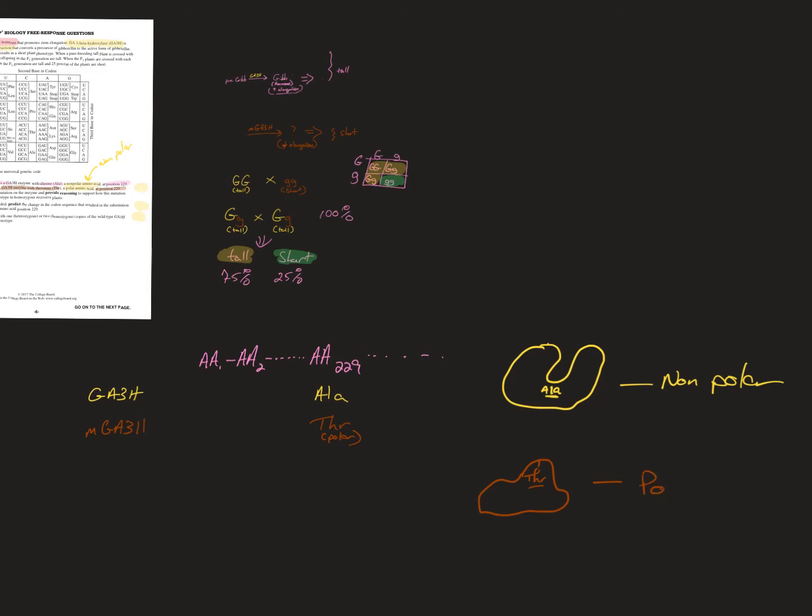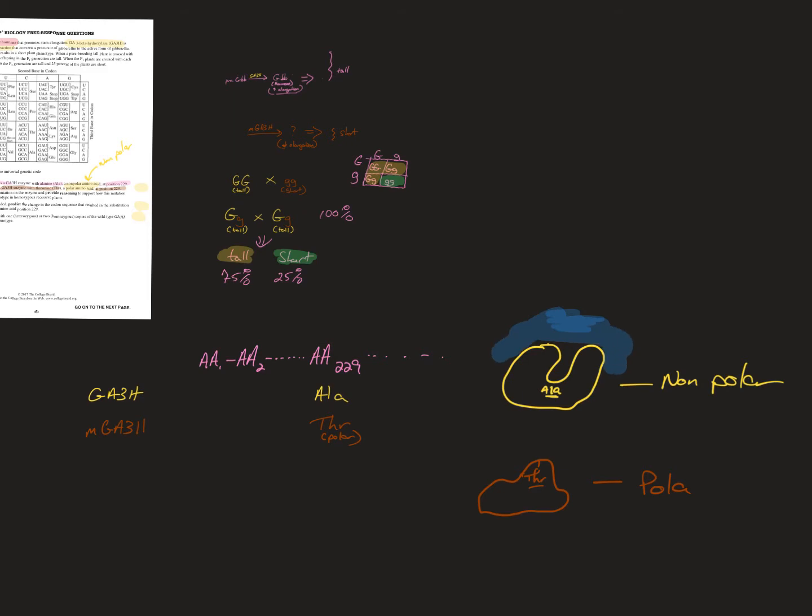It's polar, so it's attracted to water. Water's surrounding it. Remember that in all living systems, you have water out here. And so alanine is going to be repelled by water, it's going to sit inside a hydrophobic space, right?